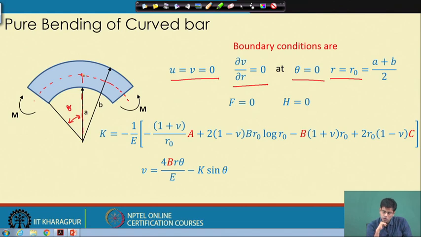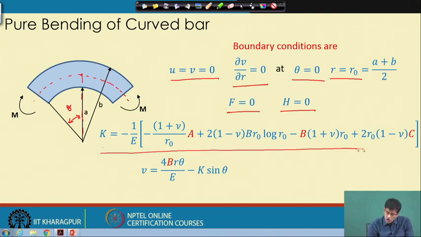So, now if we invoke this into the k, that is the u and v, then we can see that if I invoke the first two conditions and then dv dr, we get f equals 0, h equals 0, and k is non-zero, which is of this form.